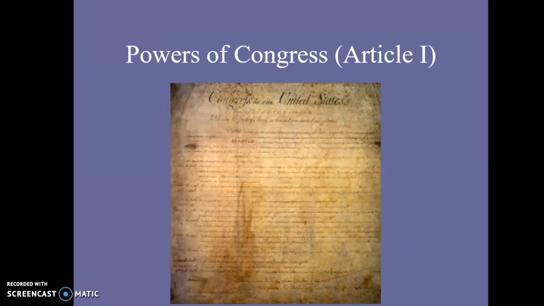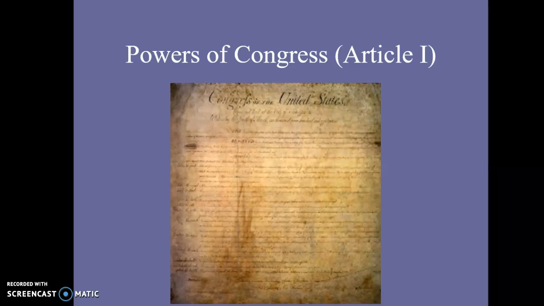I'm now briefly going to talk about the powers of Congress, which is our legislative arm. We have three arms of government: the executive arm, which is the presidency, the legislative arm, which is Congress, and the judiciary. Congress is divided into two parts, the Senate and the House of Representatives. The Senate has 100 members, 2 for each state. So 2 senators for 50 states would make 100 senators.